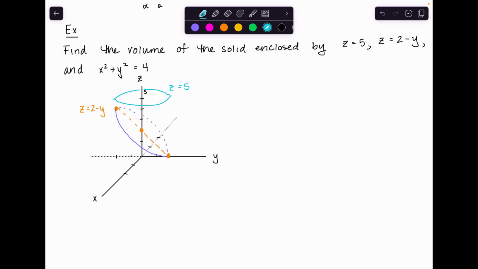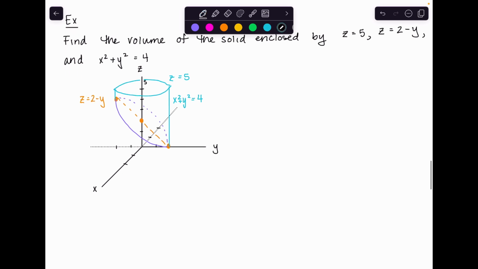Okay. And now I can fill in my cylinder. It just goes straight up and down. So this is x squared plus y squared equals 4. Okay. So this is the volume of the solid that I want to find.